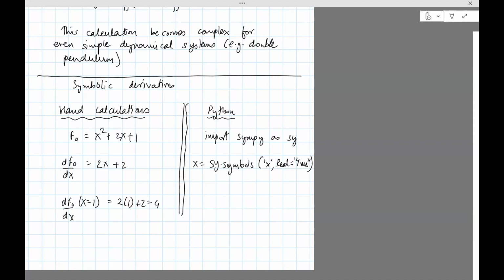The reason why you say real equals true is because by default, it'll assume x as complex, and then you'll see that j's and i's will appear in your derivation, which you don't want. You don't want it to be complex.